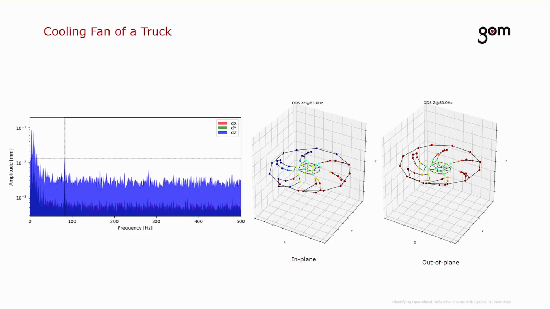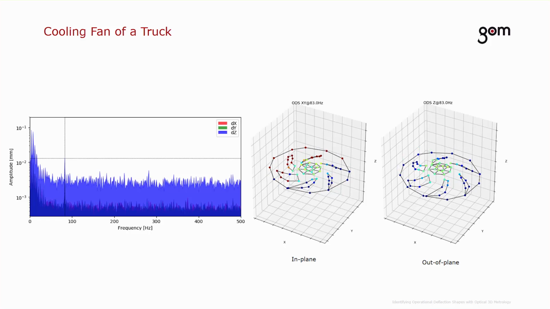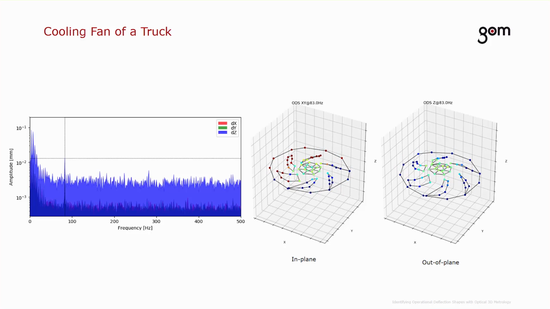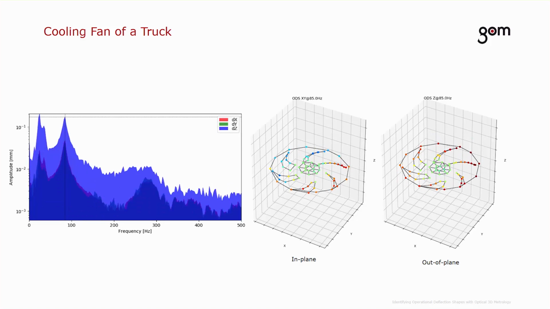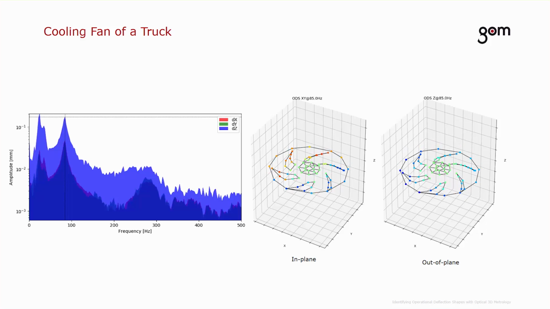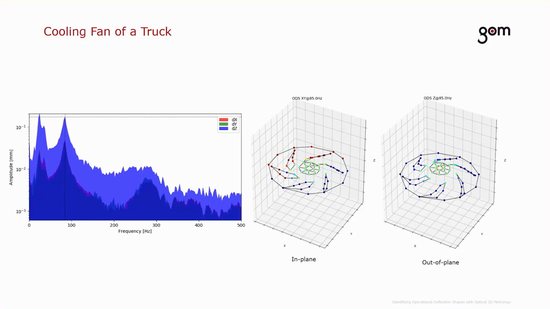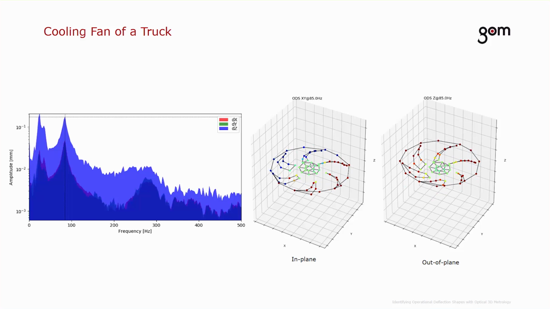So when we discovered this by accident, more or less, we took another measurement and took a hammer impact test to analyze this assembly for its eigenfrequencies or mode shapes. And there we could see, okay, there is a mode shape at 85 Hertz.